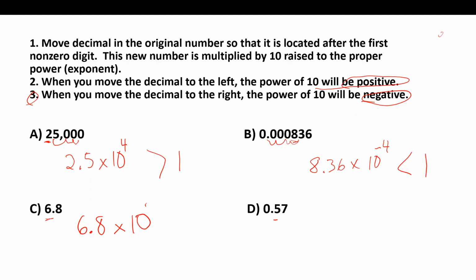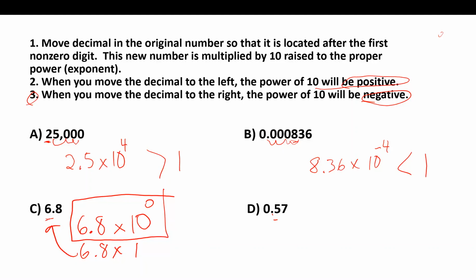We can't put a power of 10 to the 1, because 6.8 times 10 would be 68. You can't put negative 1 because that would be 0.68. So what do we do? 10 to the 0. The reason is 10 to the 0 is 1, and 6.8 times 1 is equal to 6.8. So that's how you put this in scientific notation.